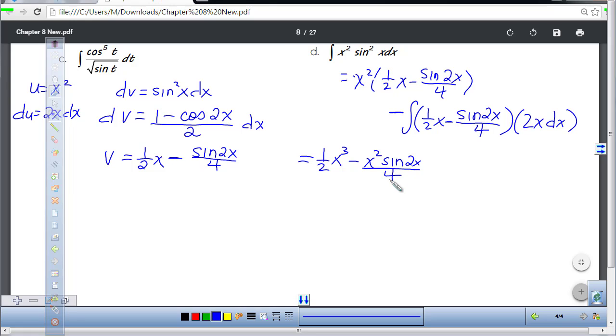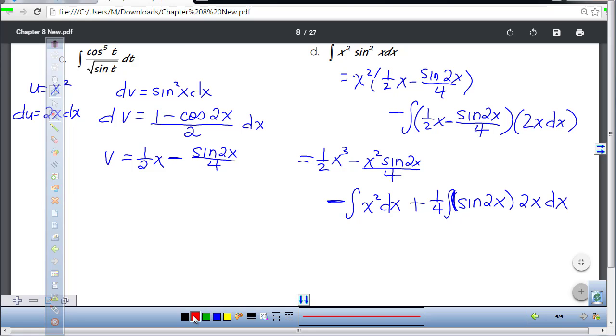Okay, and then we're integrating still. We've got minus 1/2 x times 2x dx is just going to be what? x squared dx, very good. And then plus, let's say 1/4 the integral of sine 2x times 2x dx. Okay, is that right?